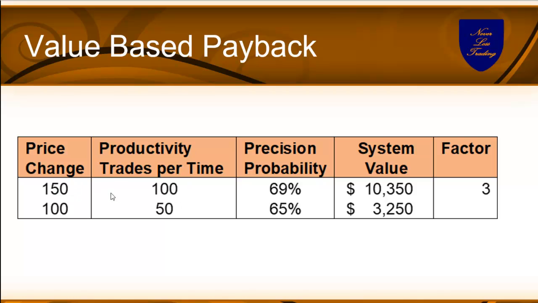If we calculate them all up, you see the one has a value of $10,350, the other of $3,250. That means the one with 69% probability, more trades and a further distance to trade for has 3 times the value of the one which still has high probability but fewer trades and a smaller price distance to trade for. That's important as a criterion to evaluate your trades with.